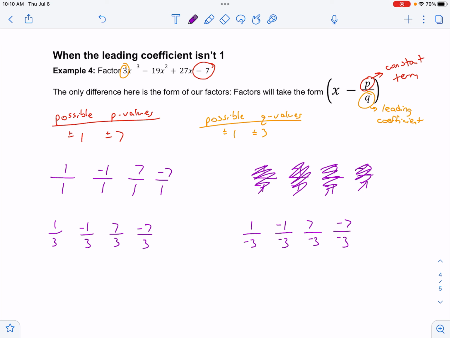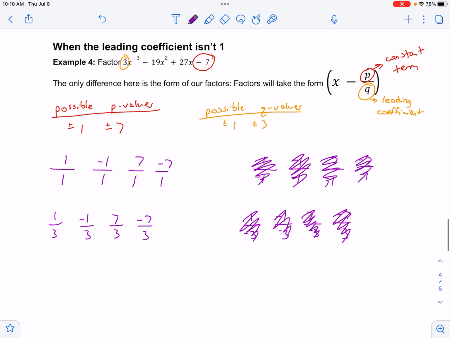And I'm going to do sort of the same thing for my denominators of 3. Where the negative sign goes doesn't make a difference, so I can ignore this one, just like I can ignore this one. And my -1 over -3 is the same thing as 1 over 3. Scratch that off. -7 over -3 is the same thing as +7 over +3, so I can scratch that off.